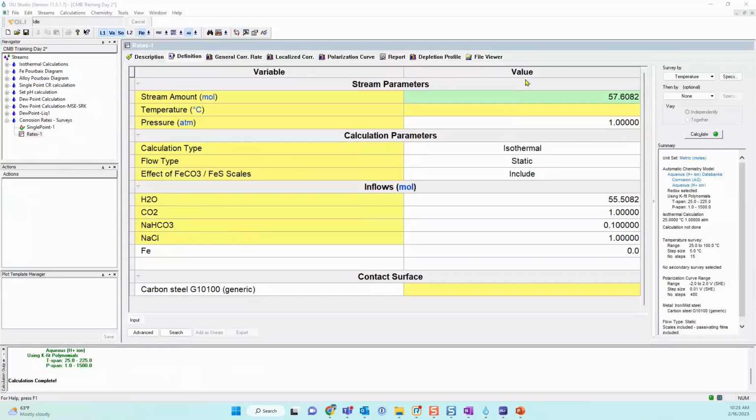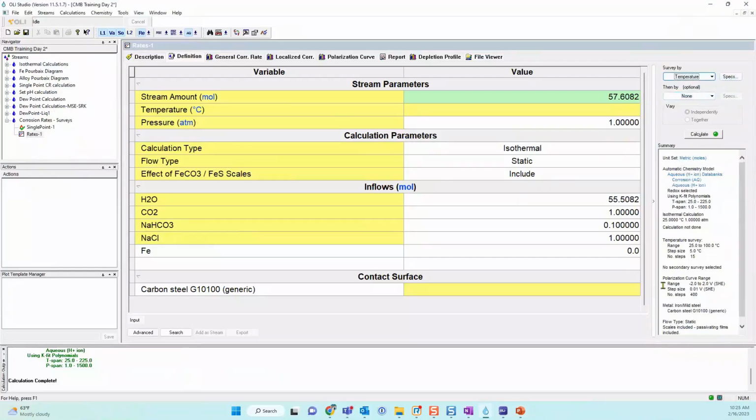But what we are going to do differently is select the survey as a temperature survey. So here to the right, we have always selected a single point rate, but today we said no, we want to change the temperature of these calculations.